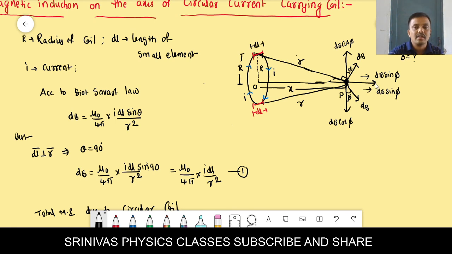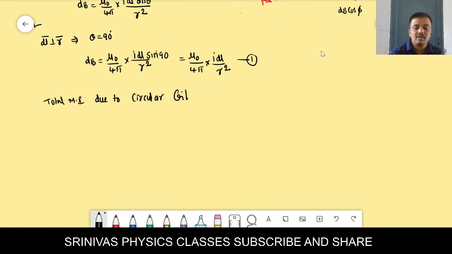We have to add the dB sin phi due to all components. Here we have only two components, but like that we can take many components. We have to add the dB sin phi of all components. Then we will get the total magnetic induction due to the circular coil or loop.